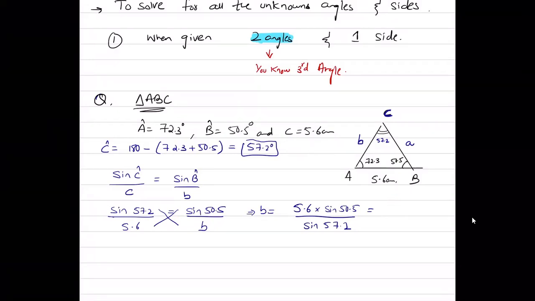Good. You're going to give your answer to three significant figures, 5.14 centimeter.